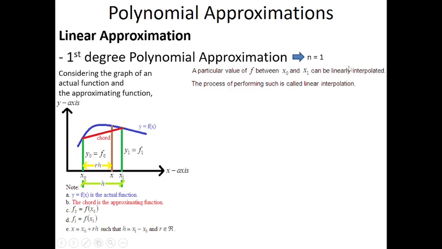In other words, if I have here x sub 0 and x sub 1, this is the point x sub 0, y sub 0, and this is the point x sub 1, y sub 1.